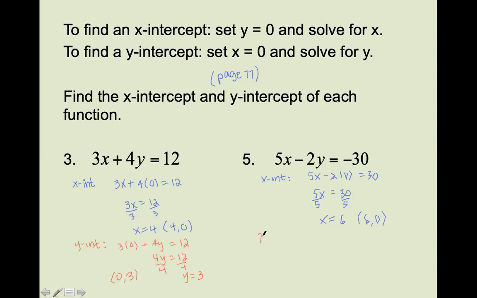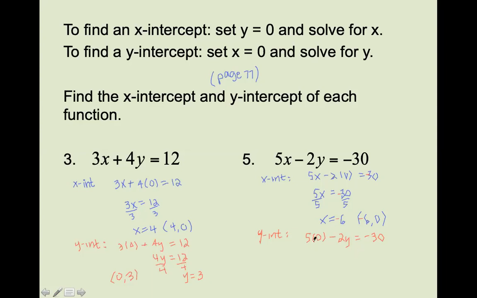To find the y-intercept, I'm going to put 0 in for x and solve for y. So be careful you don't lose the signs there. We have some negatives in this problem. Oh, speaking of which, this should have been a negative, and this should have been a negative, which would have given us (-6, 0).